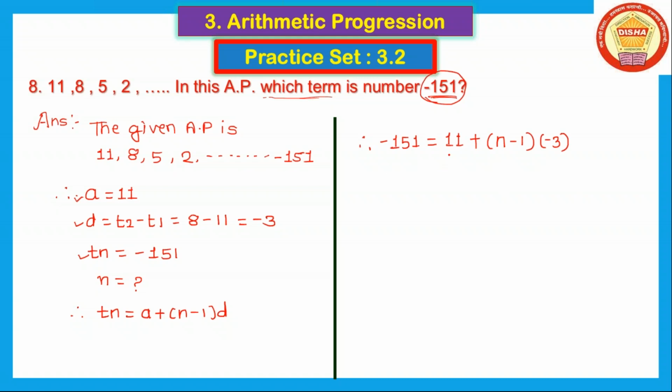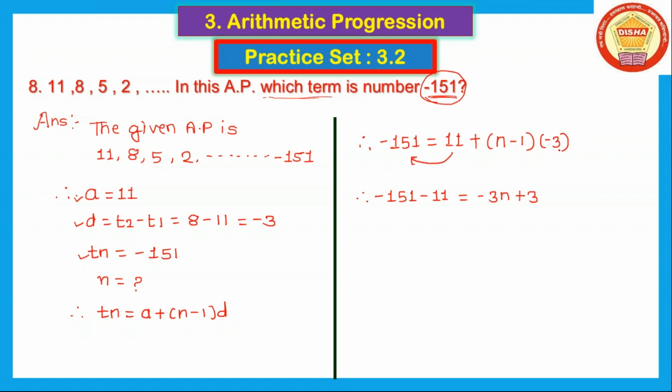We solve this one. We first take this 11 from the right side to the left side. Means negative 151 minus 11 is equal to negative 3n plus 3.